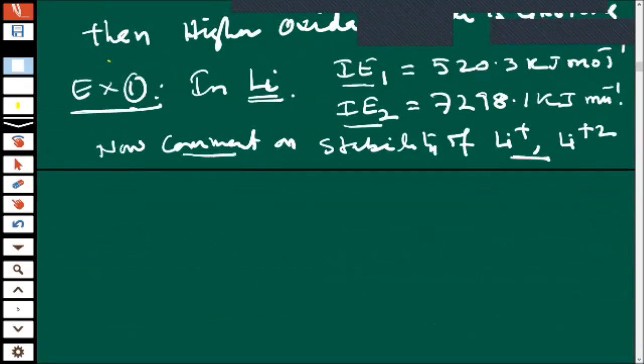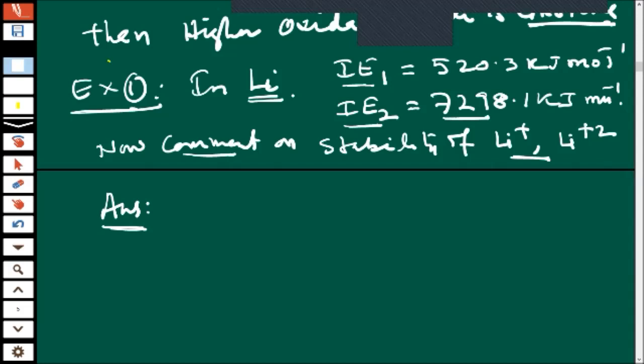Sir, my opinion is that the oxidation state is unstable because IE2 is greater than 1,450. Good. Means you want to say that, because the difference, you can find out the difference.